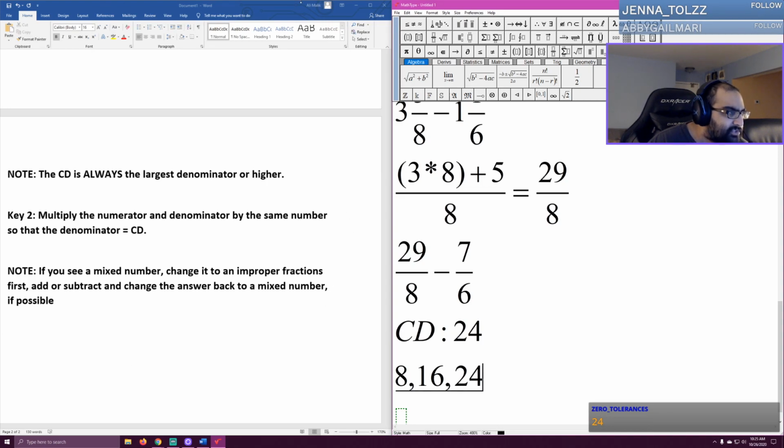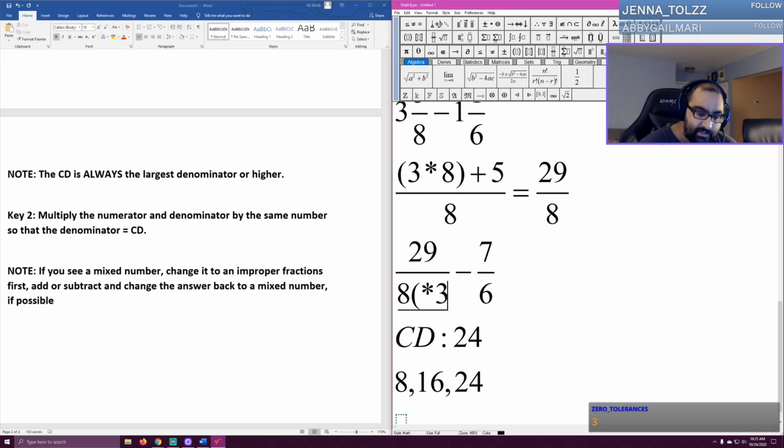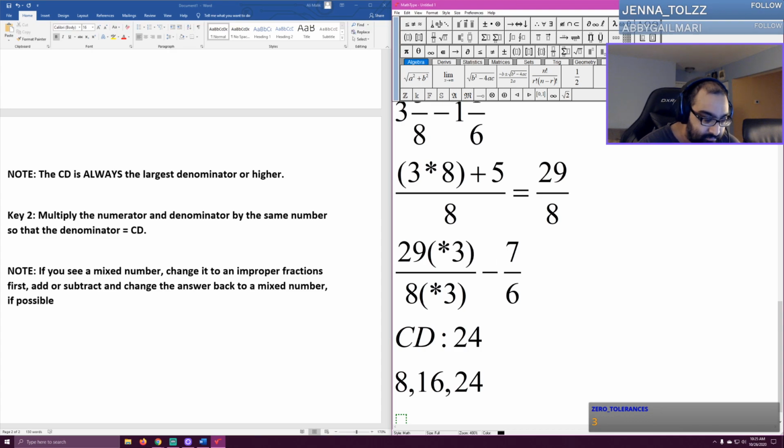Now, let's look at this really carefully. What should we multiply the first fraction by to make that 8 into 24? A 3. That's correct. So let's multiply both the numerator and denominator by 3.